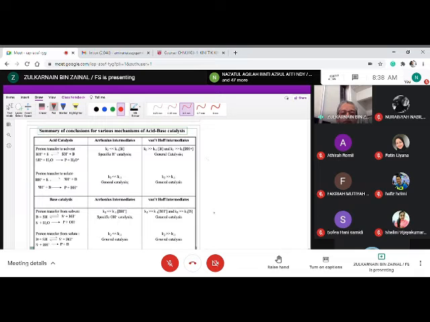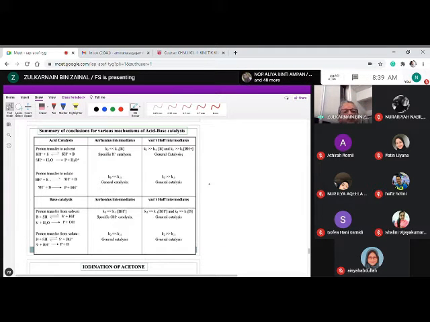Anyway, this is just repeating the base catalysis because it is quite similar to the acid catalysis. So what you've got to see is just one, acid catalysis. So for example, in this case, if it is Arrhenius intermediates, this is protolytic and also prototropic, as we have discussed earlier. Okay, so if it's an Arrhenius intermediate, for example, K2 is less than K1B, then it is specific H plus catalysis, right?